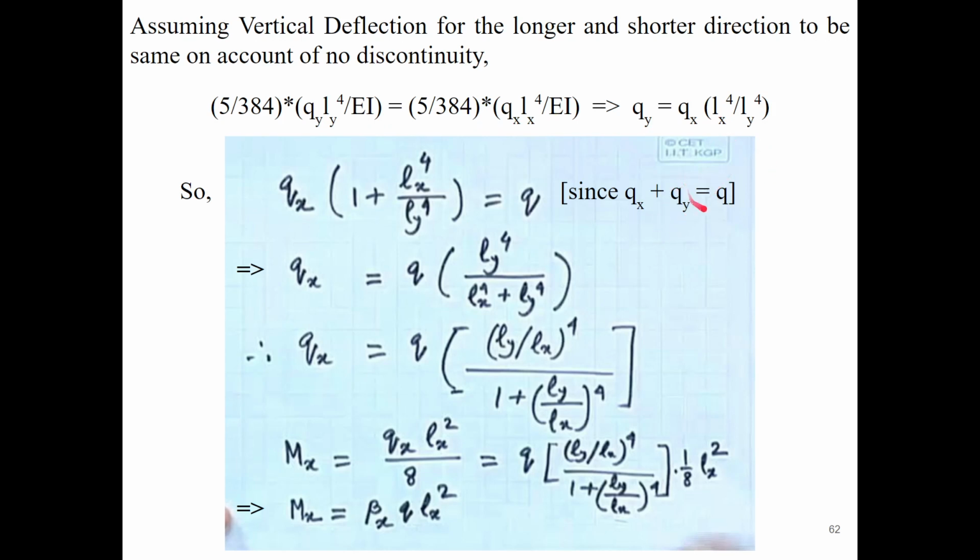Now, as we know Q equals Qx plus Qy, substituting in place of Qy, we get Q equal to Qx into 1 plus Lx to the power 4 by Ly to the power 4. Solving this, we get Qx equal to Q into (Ly by Lx) to the power 4 by 1 plus (Ly by Lx) to the power 4.